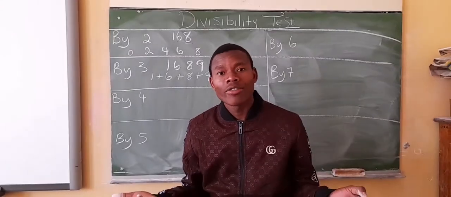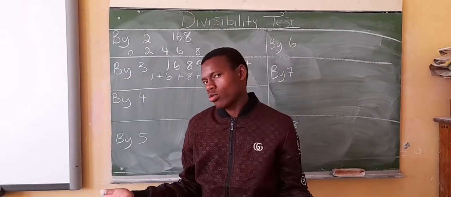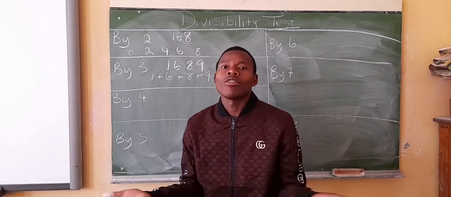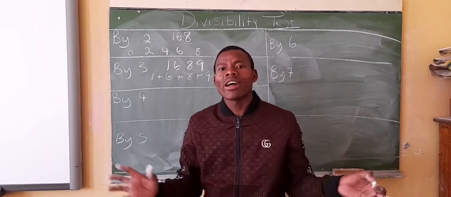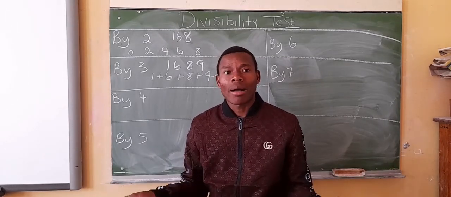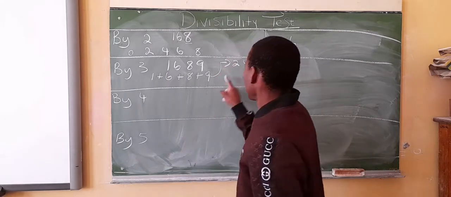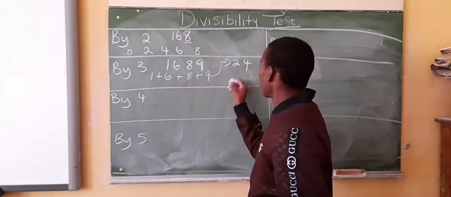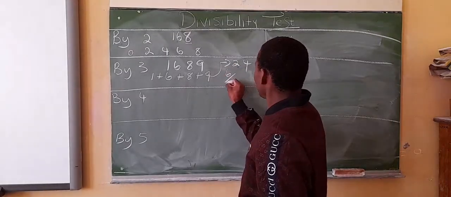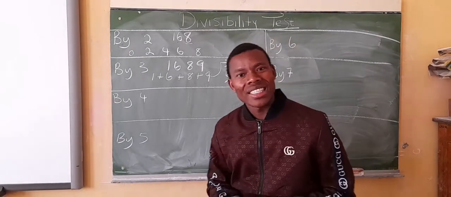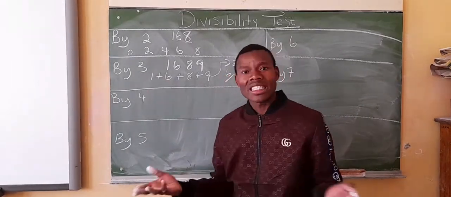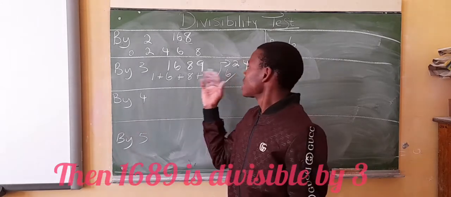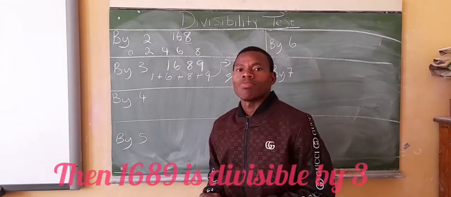Is 24 divisible by 3? Yes. Or if 24 is still a large number, just add again: 2 plus 4 is 6. Is 6 divisible by 3? It's easy to know that 6 is divisible by 3.